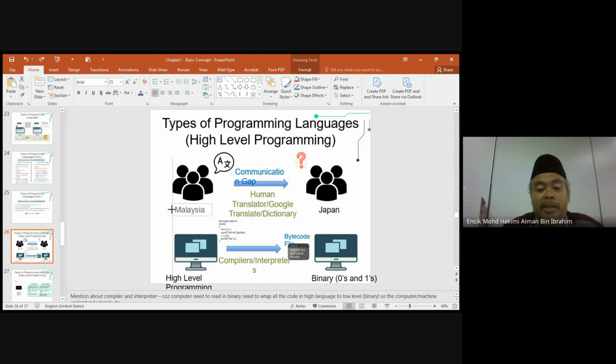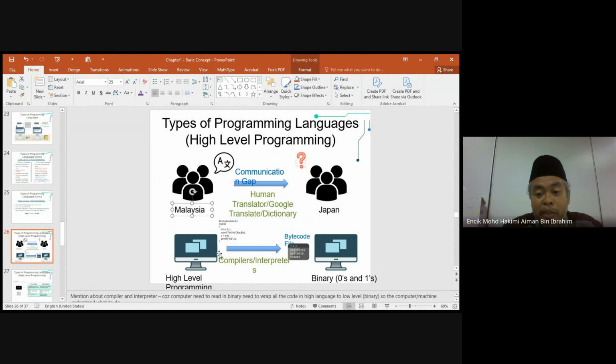Even for us, if we want to visit somewhere, we need a translator, right? So this translator idea is also applicable to our computer. They need a converter so that they are able to convert our high level programming just now into machine language. So that is how the work happens.